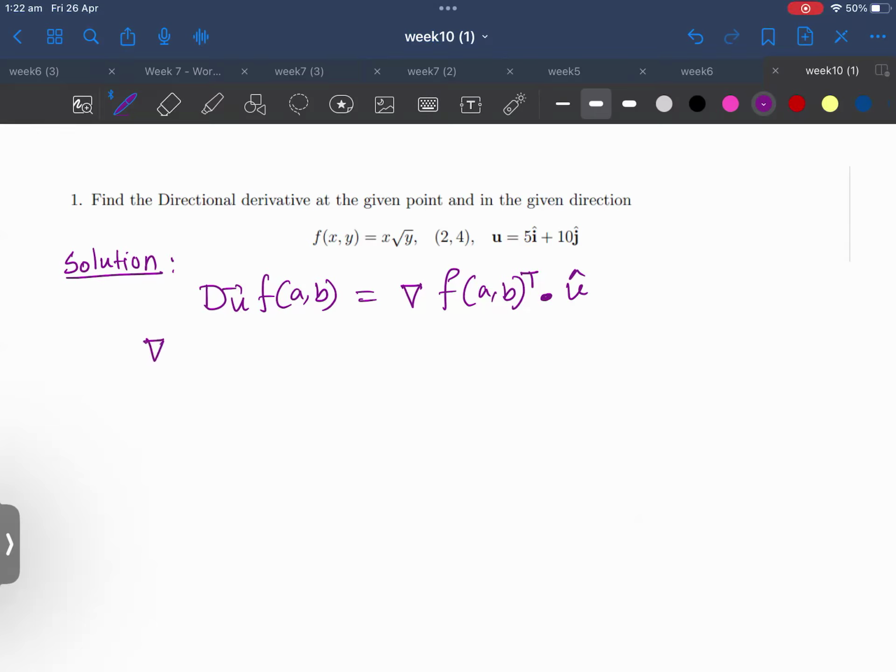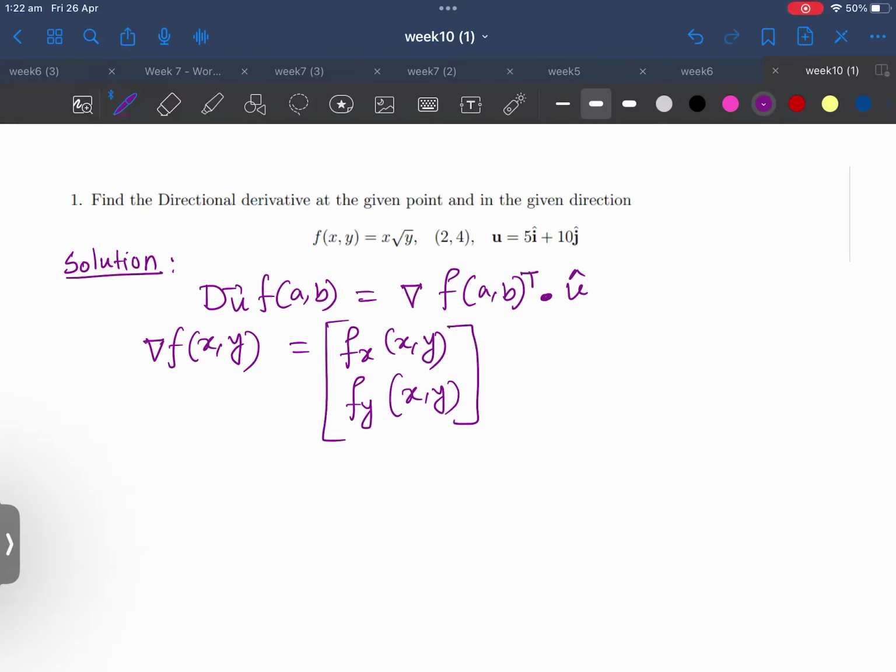So what would be here? Nabla f of x, y is f_x of x, y and f_y, the derivative with respect to y, x comma y.